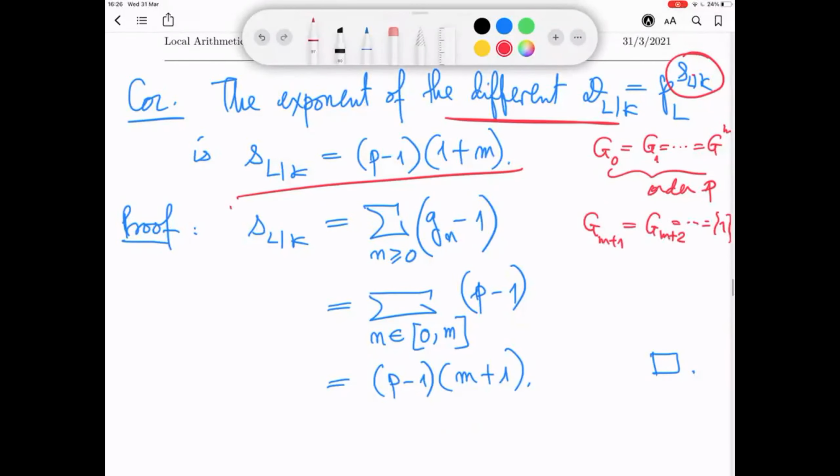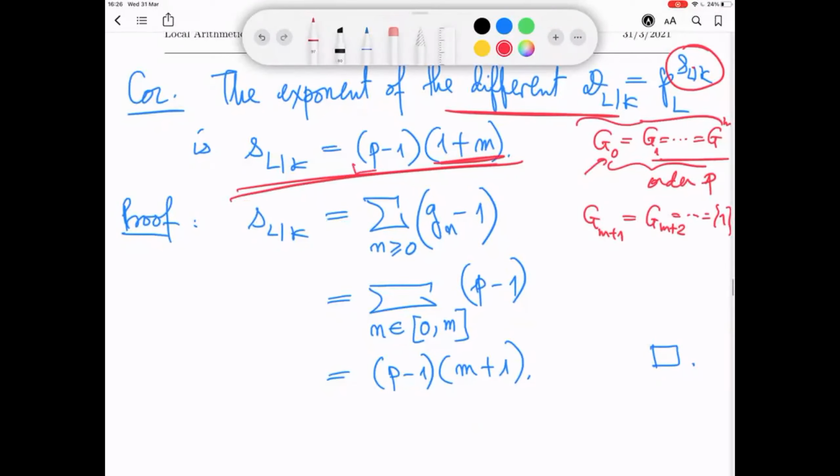So the formula will give me this: 1 plus m being the number of terms here. 0 is the first term, and then there are m of these here. And p minus 1 is the order of this group minus 1. So that is the exponent of the different.